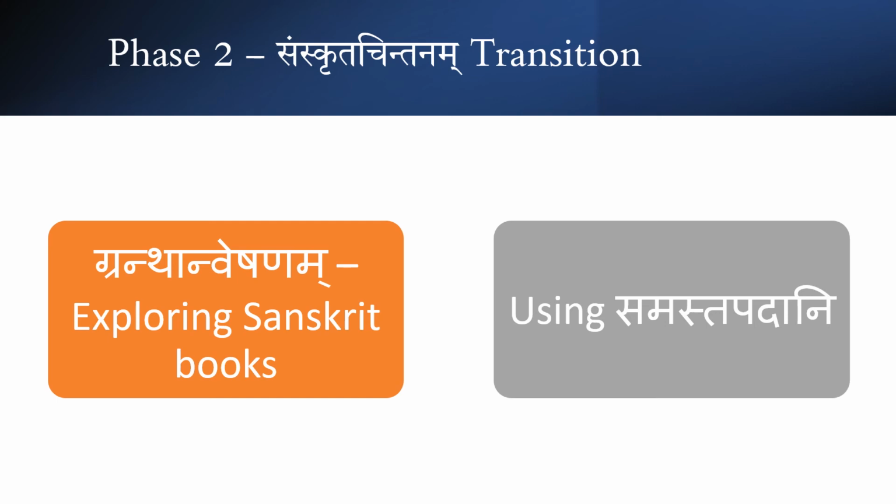Now because the thought process has changed to Sanskritam, and one is reading more and more Sanskrit books, where one would not know the meaning of a Sanskrit word, the reference book will now be a Sanskrit to English or Sanskrit to other language dictionary. So this is a transition from English to Sanskrit reference to Sanskrit to English reference.